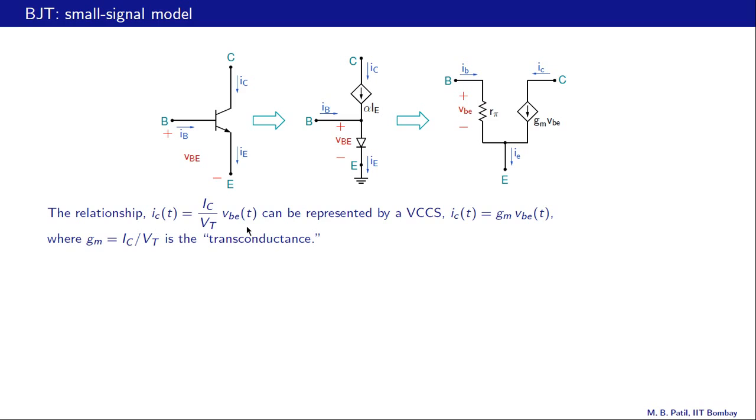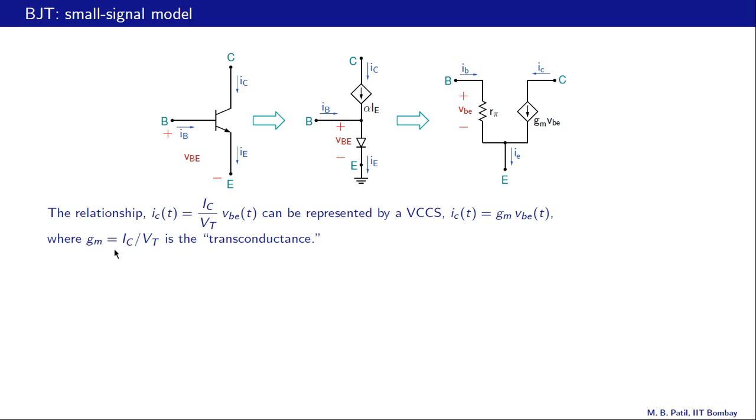Now this equation can be rewritten as ic of t, the signal part, equal to vbe of t times Gm, where Gm is IC by Vt. Now Gm is a constant because IC is a constant for a given bias condition, that is for a given bias value of the base emitter voltage, and Vt is a constant.